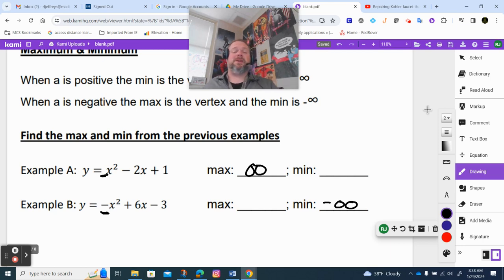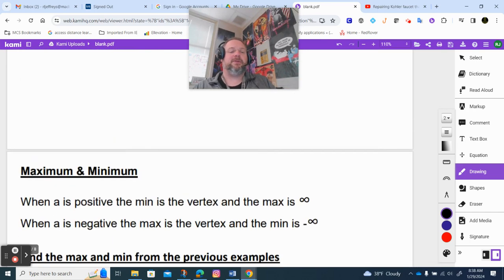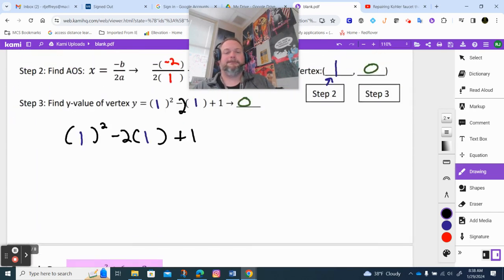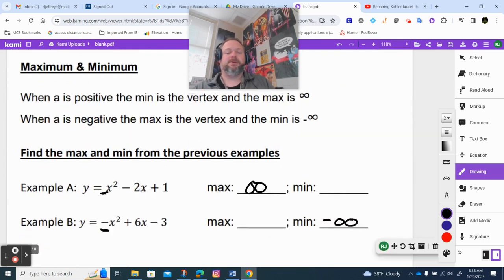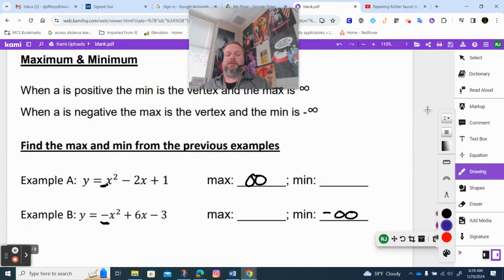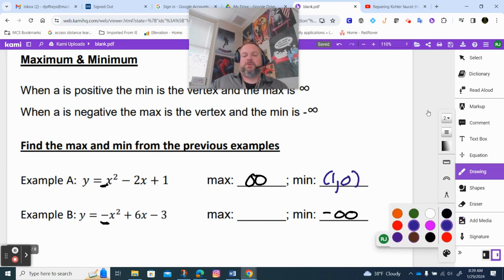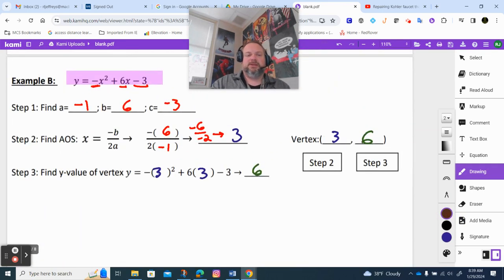Now, we're missing these two blanks. What was the vertex for the first problem we did for example A? 1, 0. So that's what we're going to write down right here. And then the next one that we did, its vertex was 3, 6.